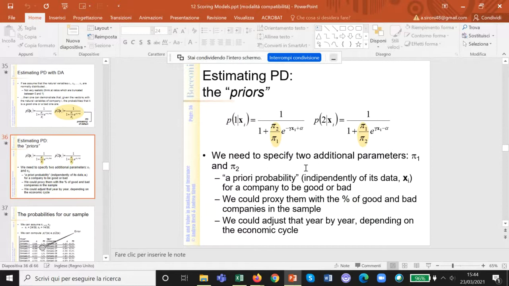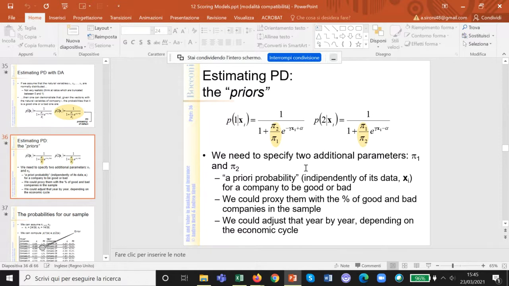Pi1 and pi2 are the prior probabilities, i.e. the a priori probability for a company to be good or bad, okay? Now, these prior probabilities can be computed in different ways, but typically they can be proxied by the composition of the sample.